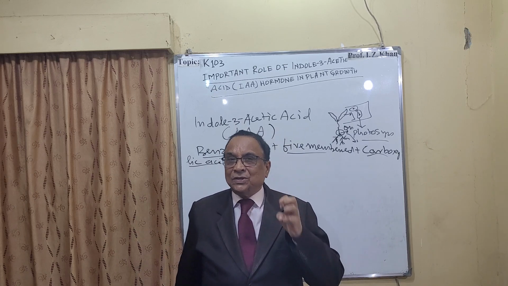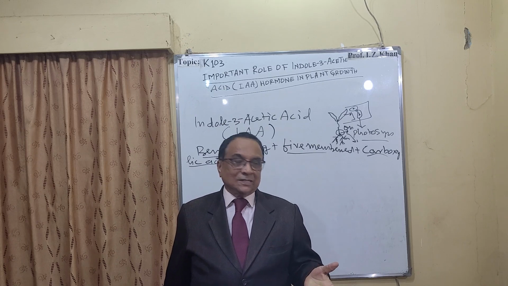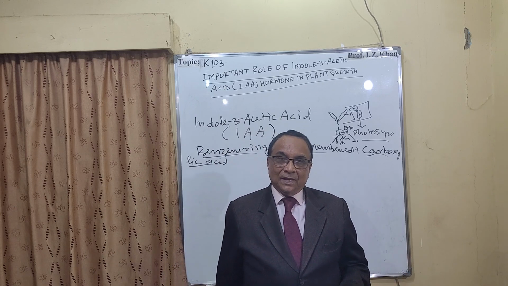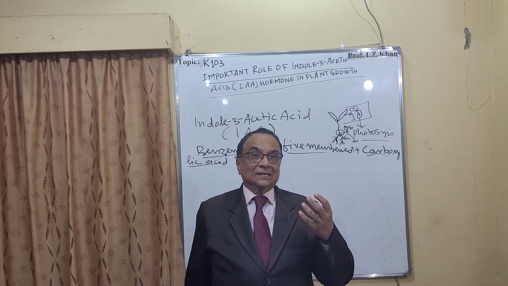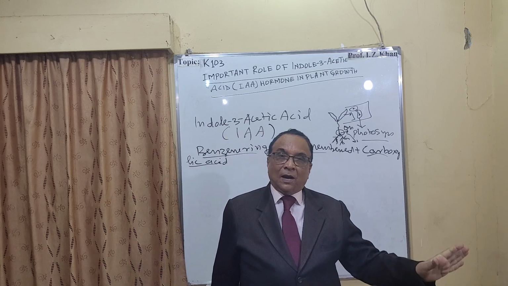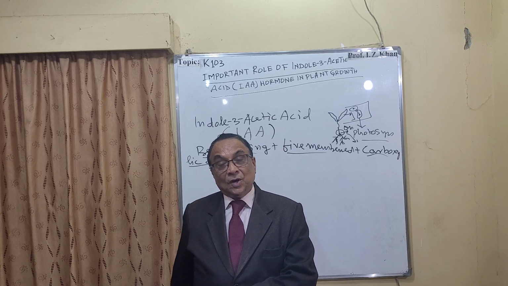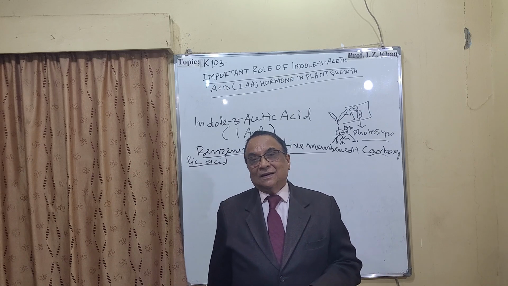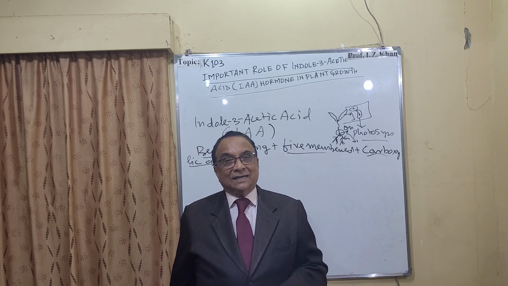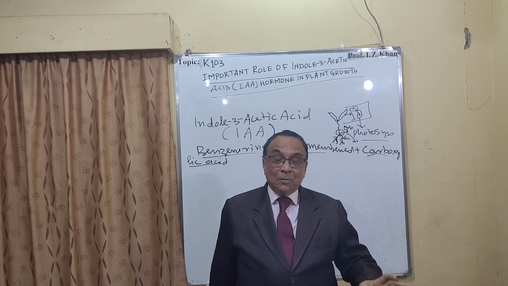And this hormone therapy nowadays, even for human beings, is there if there is deficiency of some hormones, because in all living things, whether plant or animals, a lot of physiological and biochemical processes are taken care of by hormones.